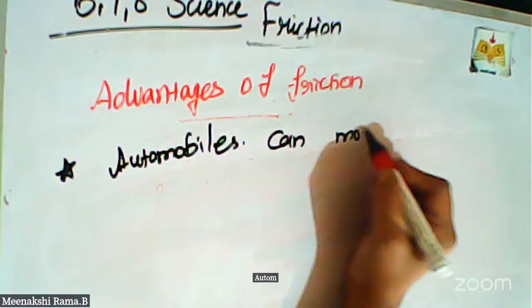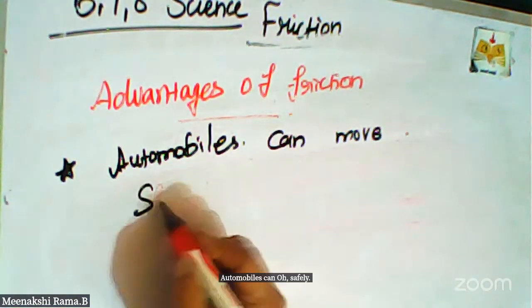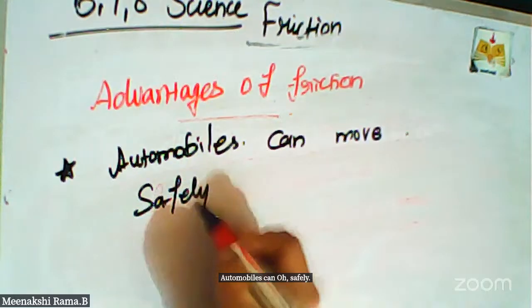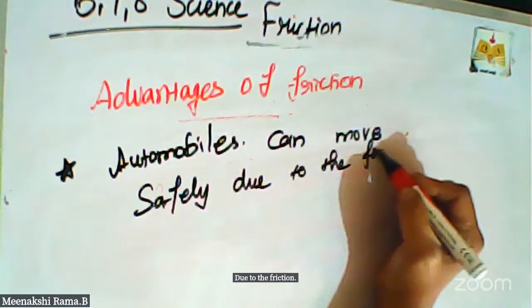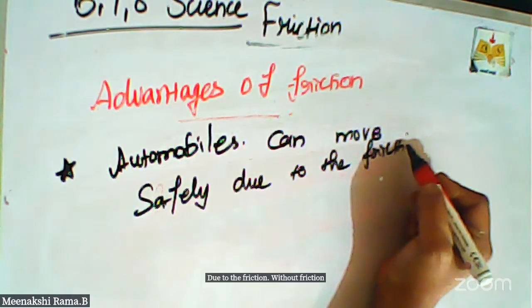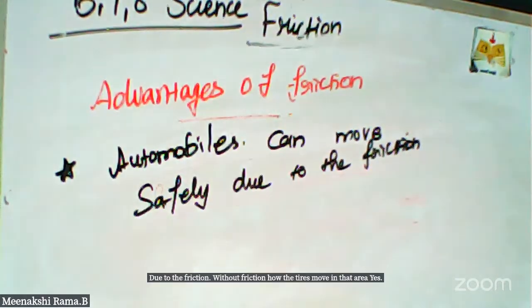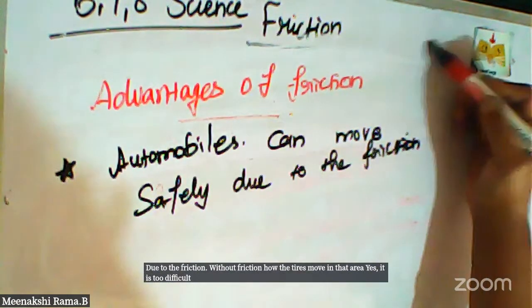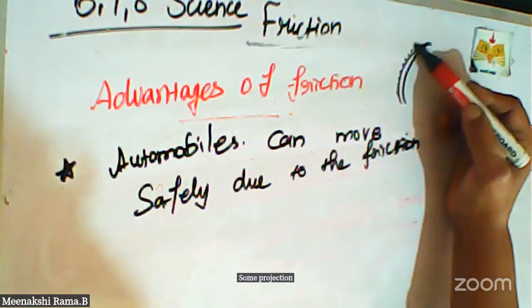Automobiles can move safely due to friction. Without friction, how would the tires move on that area? Yes, it is too difficult. Can you see the tire? Some projections are seen on the tire.